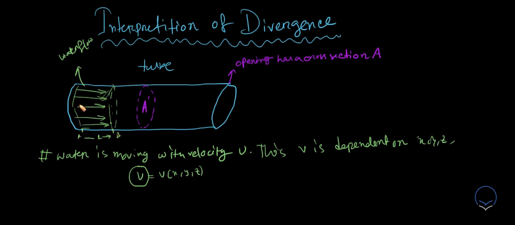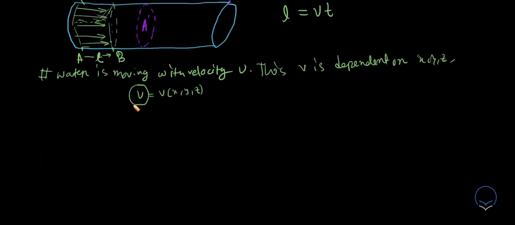So within this very small length, we can take this velocity to be constant, and we are going to say this L over here will be Vt. It takes some time from going to A to B, and that is the time that is indicated over here. And we are interested in calculating the mass of the water first.